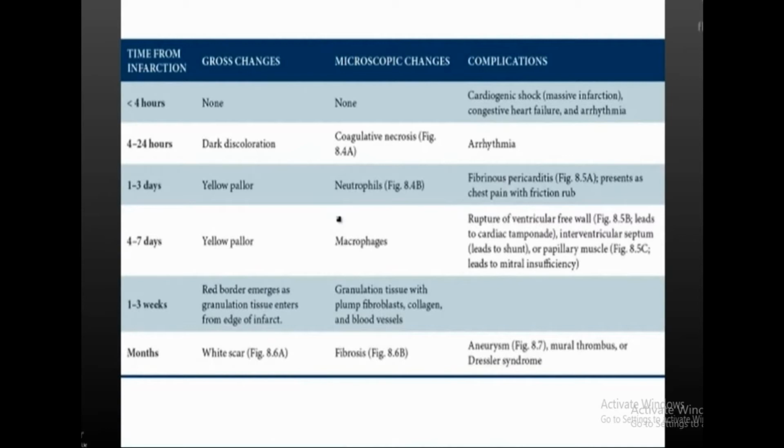But if it is a subendocardial infarction, which leads to subendocardial inflammation, fibrinous pericarditis will not occur. Fibrinous pericarditis presents as chest pain with friction rub. We can look into this picture.